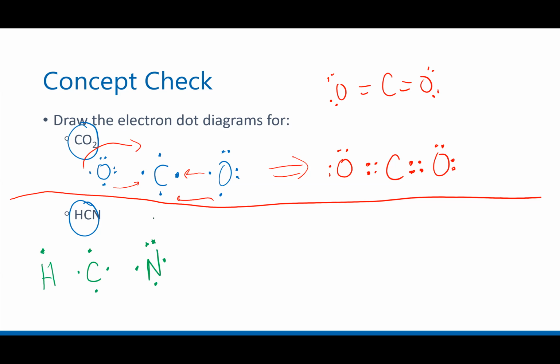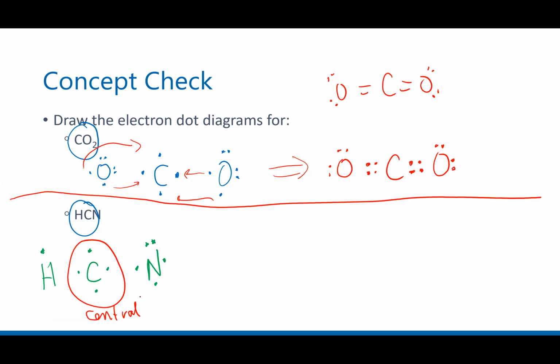The carbon has 4 electrons, so 4 bonding electrons. So this is my central atom. Now around it, I have hydrogen that has 1 electron and nitrogen, which has 3. This is how beautiful chemistry can be at times.